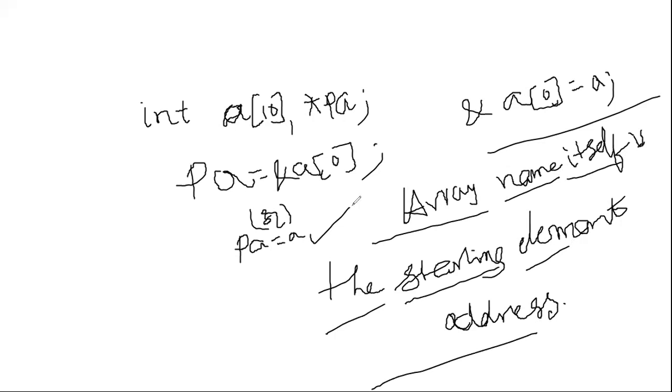So instead of ampersand a of 0, you can write just a, and automatically that is equal to PA. PA is equal to ampersand a of 0, so PA is equal to a, both are the same. Up to this, no problem.